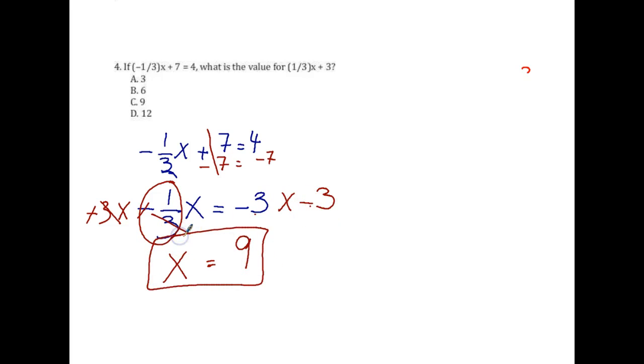So x is 9. Then you take that 9 and you plug it in this expression. So 1/3 of 9 is a 3, because 9 divided by 3 is a 3, plus 3, which is equal to 6.